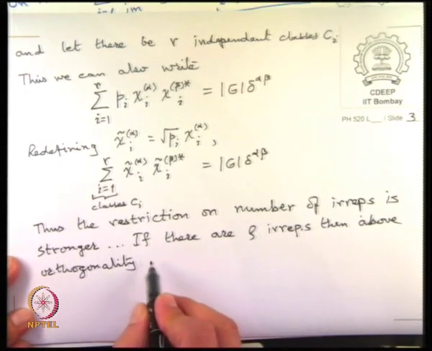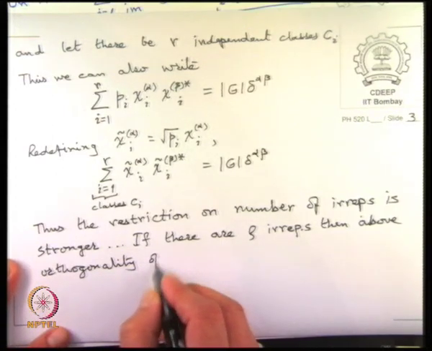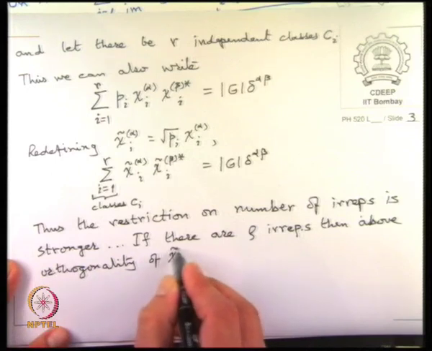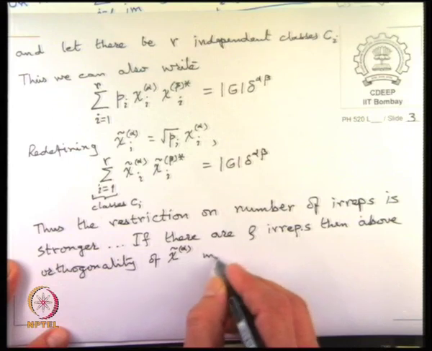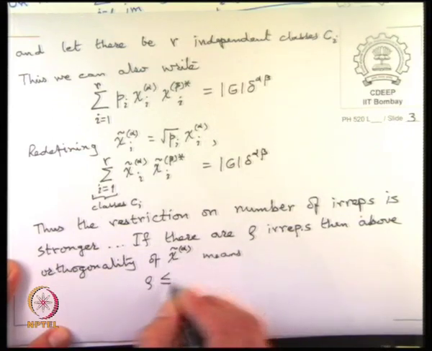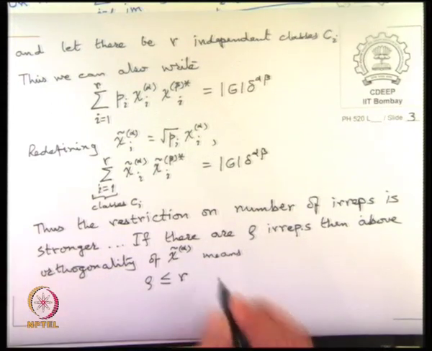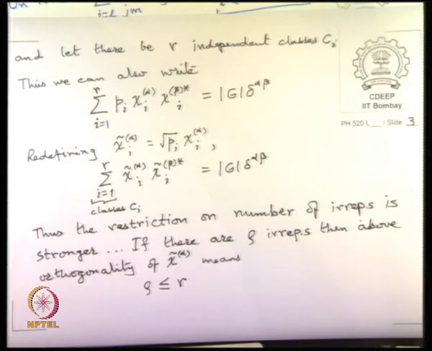So at the risk of spending a little more time, I just write this down. Above orthogonality of chi tildes means that rho is less than or equal to R, where R is the number of independent classes. So there is a natural restriction.